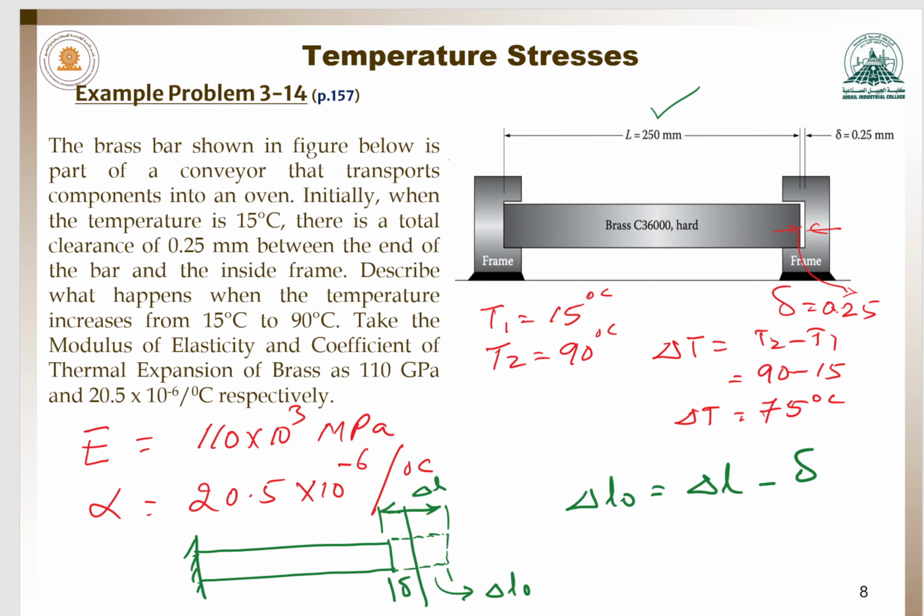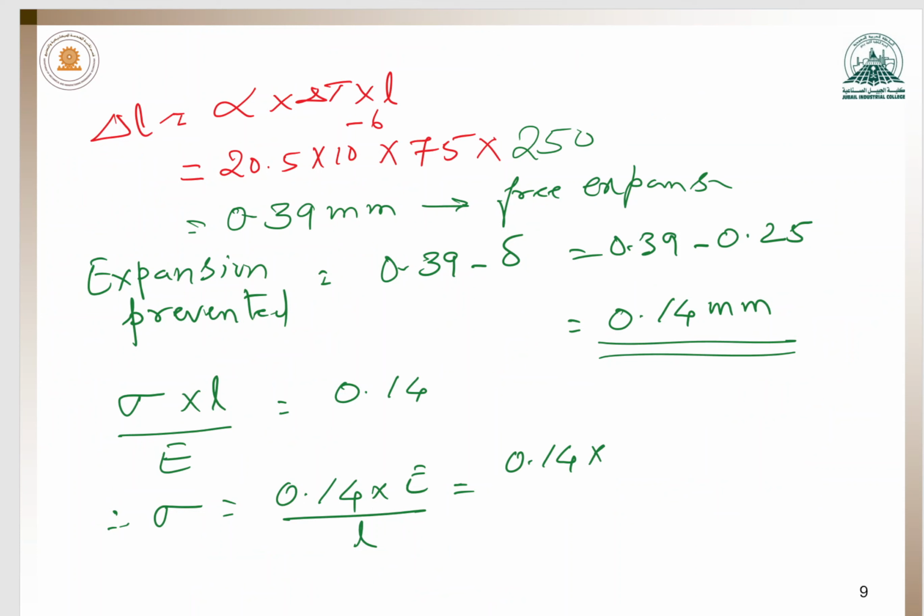It is 110 into 10 cube, is it not? So I can write 110 into 10 cube divided by L, which is 250 millimeter. What is this answer?